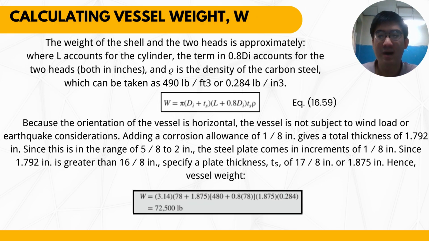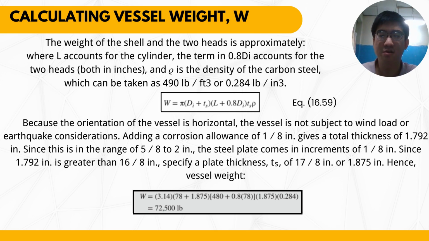Next, we'll continue by calculating the vessel weight W. W can be calculated by using equation 16.59, where L accounts for the cylinder, the term 0.8 Di accounts for the two heads, and rho is the density of the carbon steel.